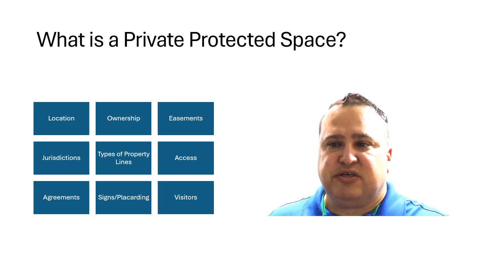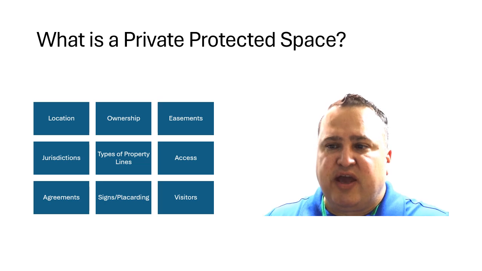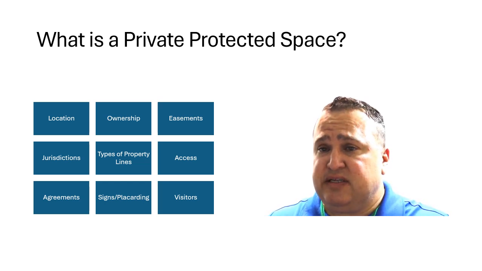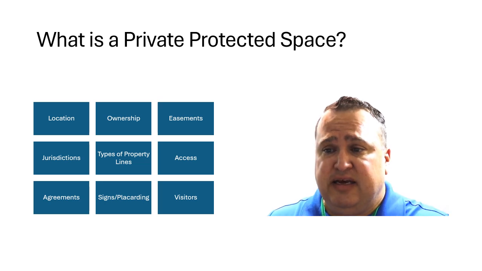envelope are secure. So we'll talk about location, the specific location where the property is, who the owner is, and if it has any easements. Easements are a big deal, so we'll be talking about that.